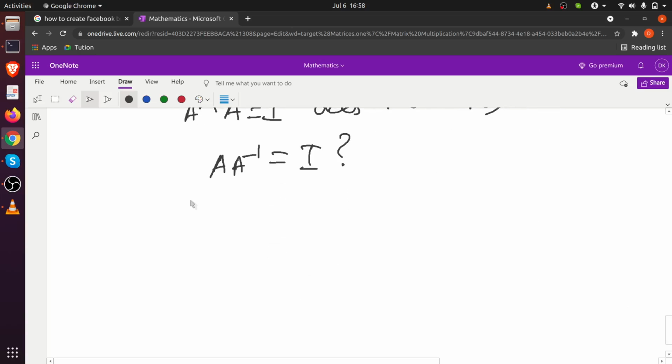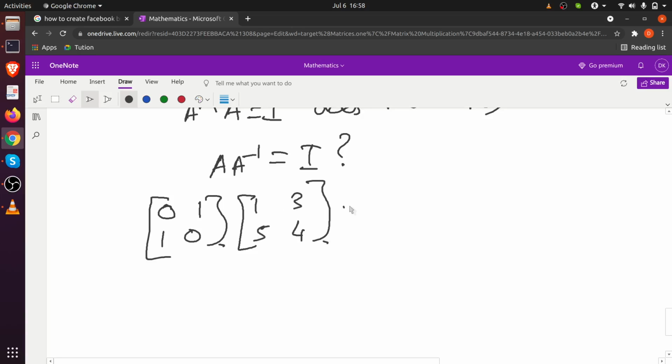So why is matrix multiplication not commutative? Let me give you a simple example. Consider the matrix 0 1 1 0 multiplied with the matrix, let's say, 1 3 5 4. If you multiply from the left hand side, the matrix that you get is 5 4 1 3.